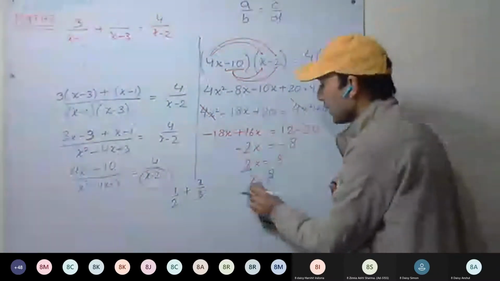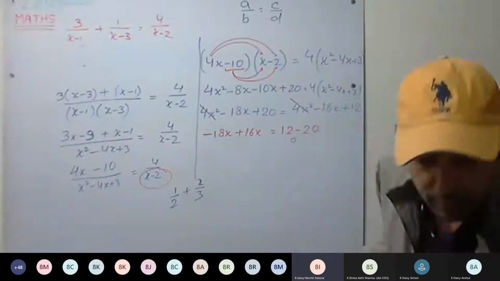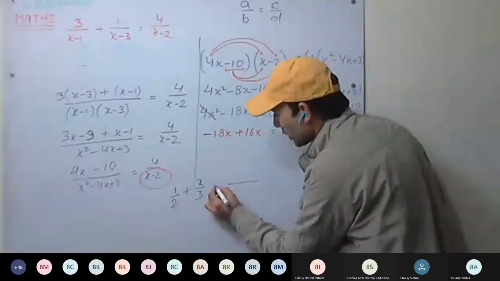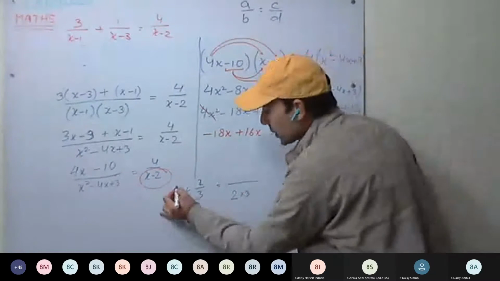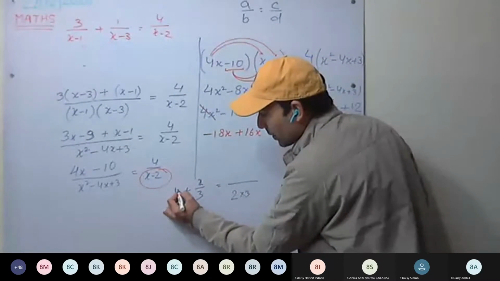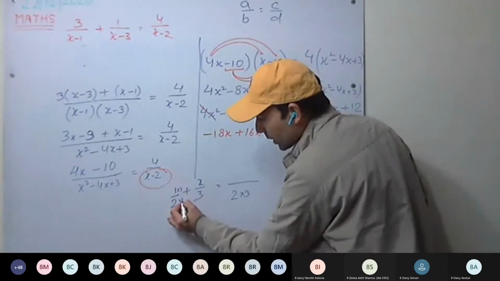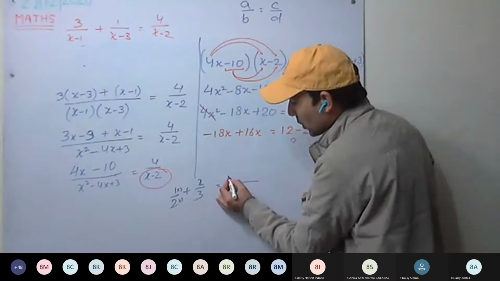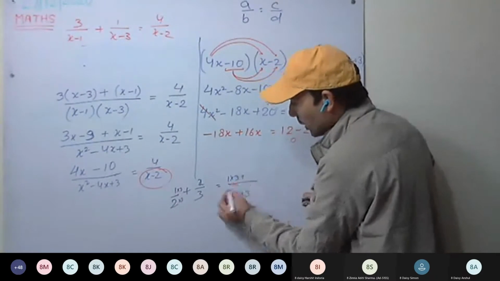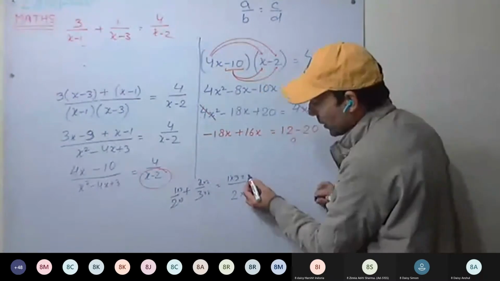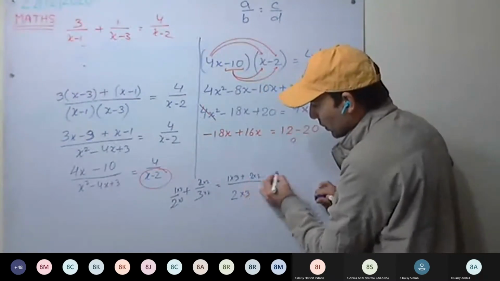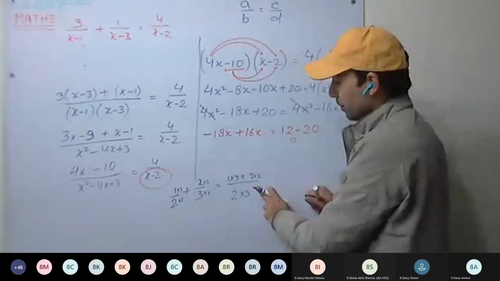You take the LCM first. Okay, so LCM is what? 2 into 3. This is the LCM. So the first term you have to multiply by 3 in numerator and denominator, then only you get denominator 6. So 1 into 3 plus, now the second term you will multiply by 2 in numerator and denominator. So 2 into 1. The same thing we are doing there.